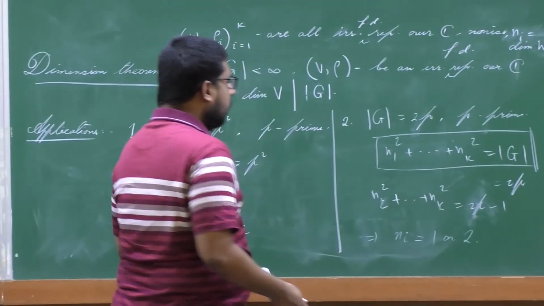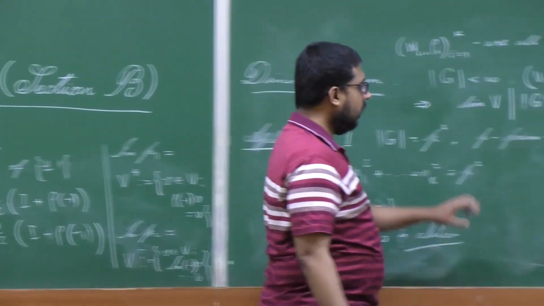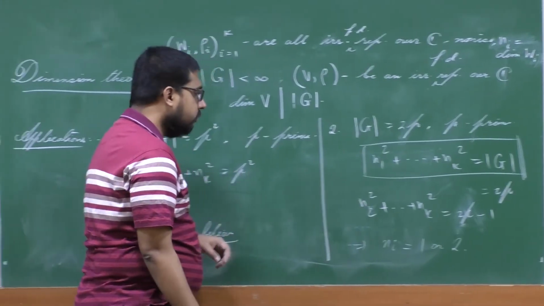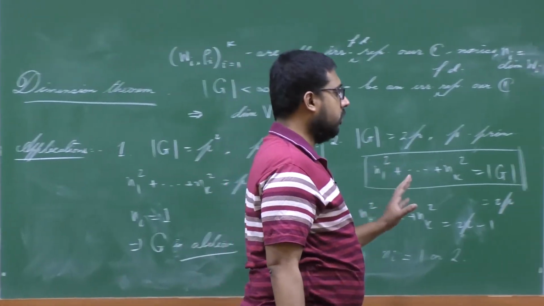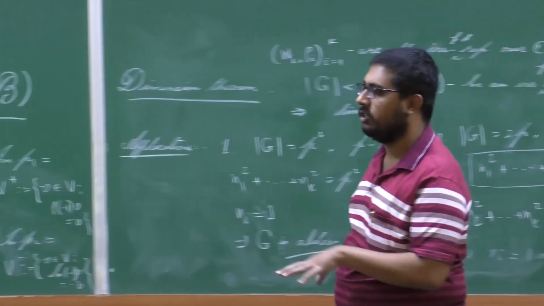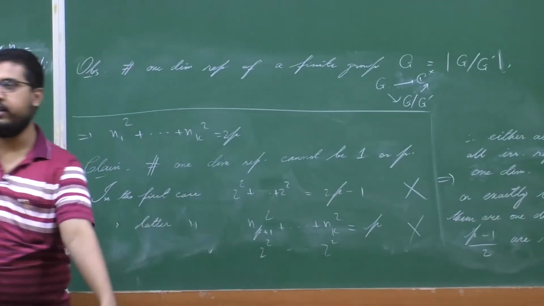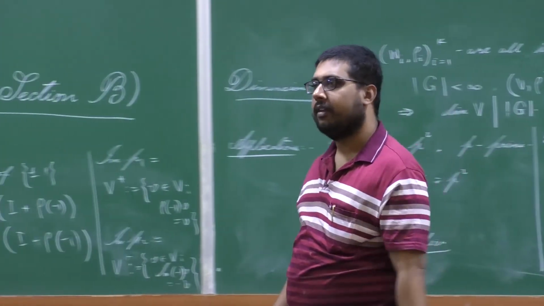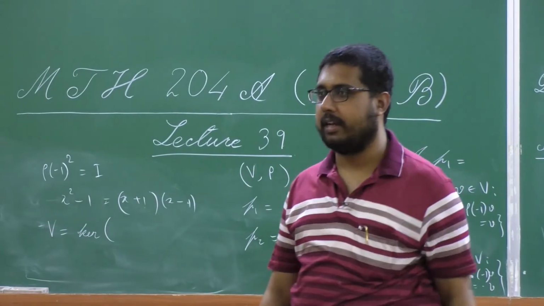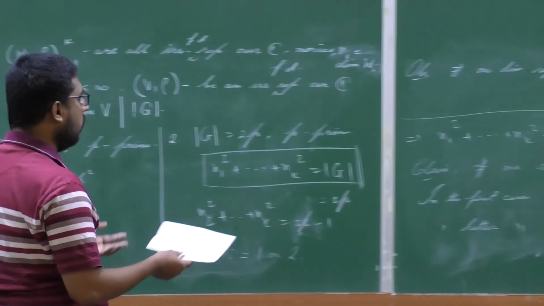You see that this formula, when coupled with the dimension theorem and when the order of G is something special or sufficiently small, provides us a lot of information about the irreducible characters, about the irreducible representations of the group G.